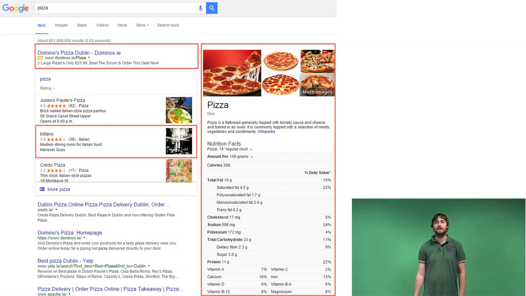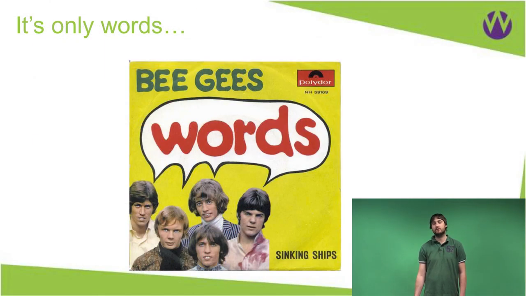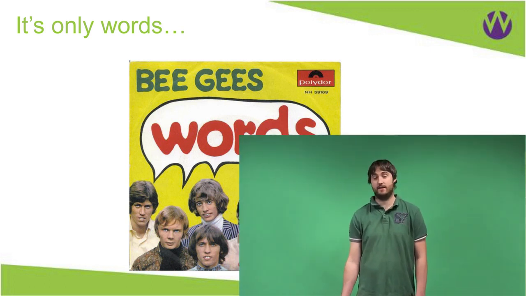And the third one is for restaurants around the Dublin area. So one word can have 3 different meanings. AdWords can find it a little bit difficult at times to understand the intent or the reason behind the search. If I was to encapsulate all these problems with AdWords, it would come down to, like the old Bee Gees song, it's only words. So there's no way to move beyond the meaning of the word up till now.